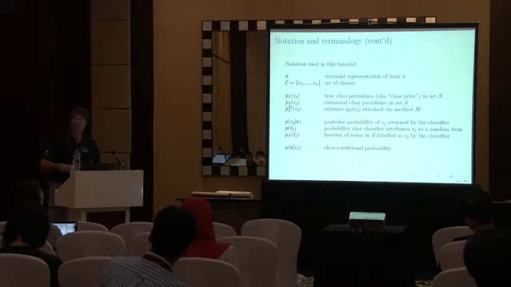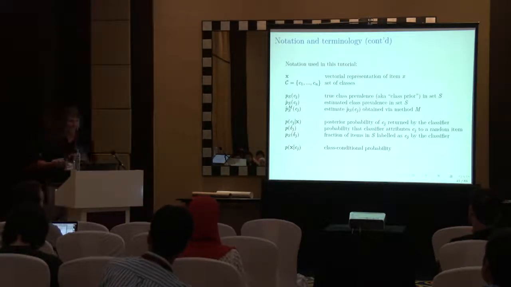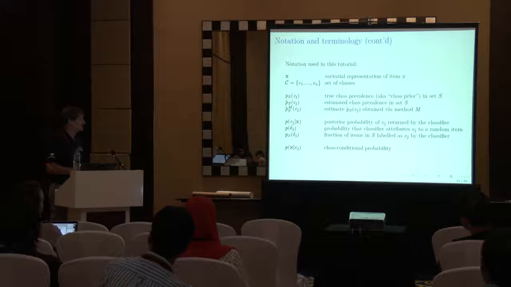So the probability that the binary classifier for class c_j, or the classifier actually decides that the document is in class c_j. Here, the fraction of items that are labeled as c_j by the classifier.